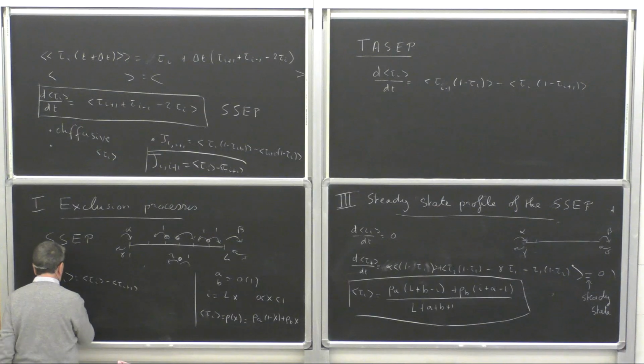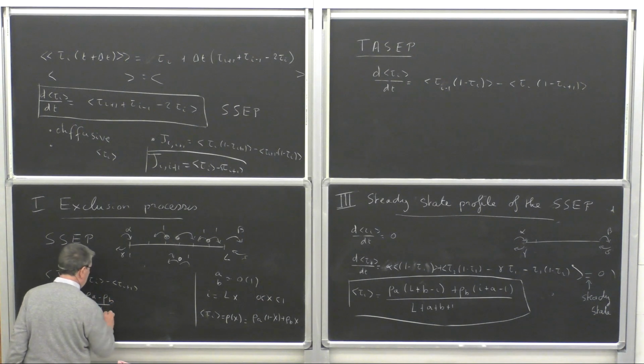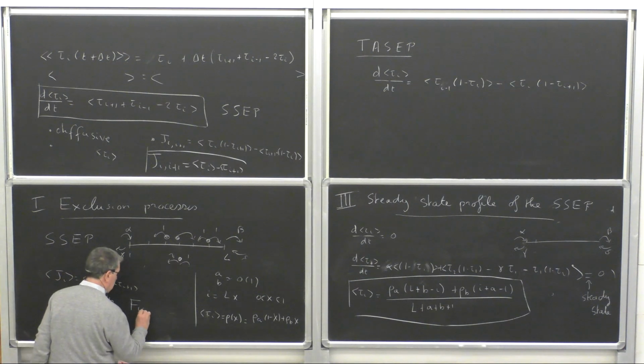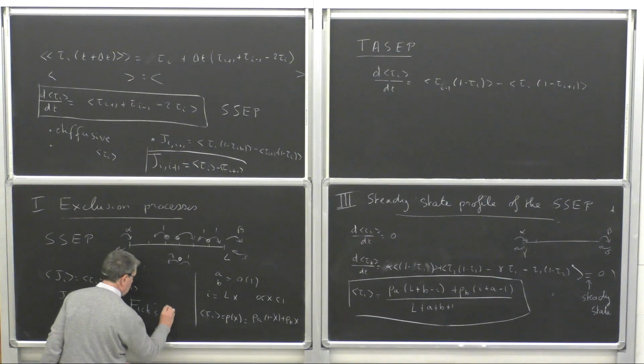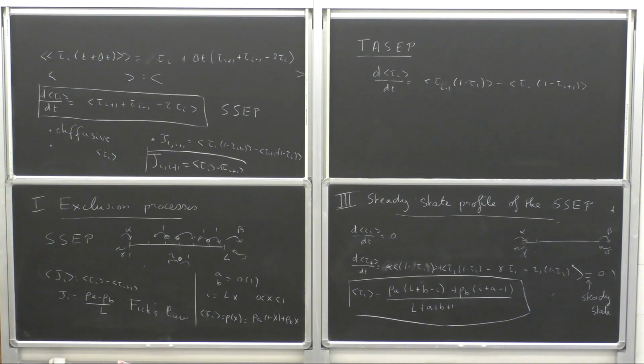And you find that the current is (ρ_A − ρ_B) over L, and this dependence, the current decreases with the system size, is called Fick's law.